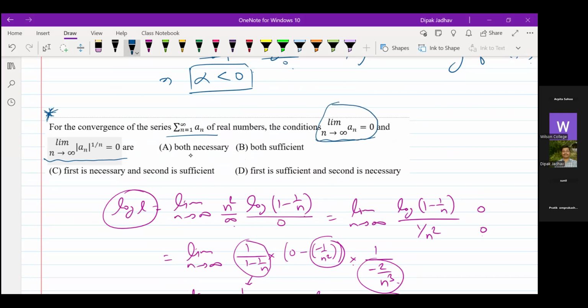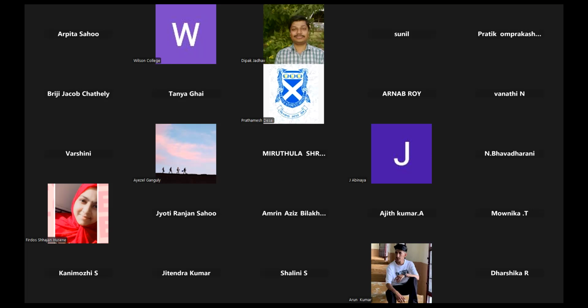Let us focus on the first condition. What do we call this condition? Necessary condition. Necessary. Good. What about the second? Sufficient. Yes, sufficient. It's not necessary. There are some examples of series for which this limit may not be 0, but the series is still convergent.